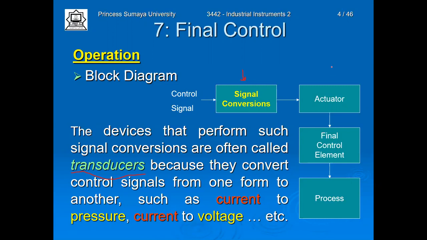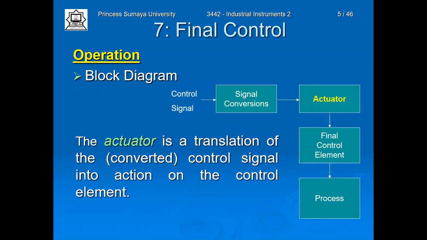Then we have the actuator. As Mr. Yamin already explained to you, the actuator is the translation of the converted control signal into action on the control element. Depending on the signal coming from the converter, it will generate an action.